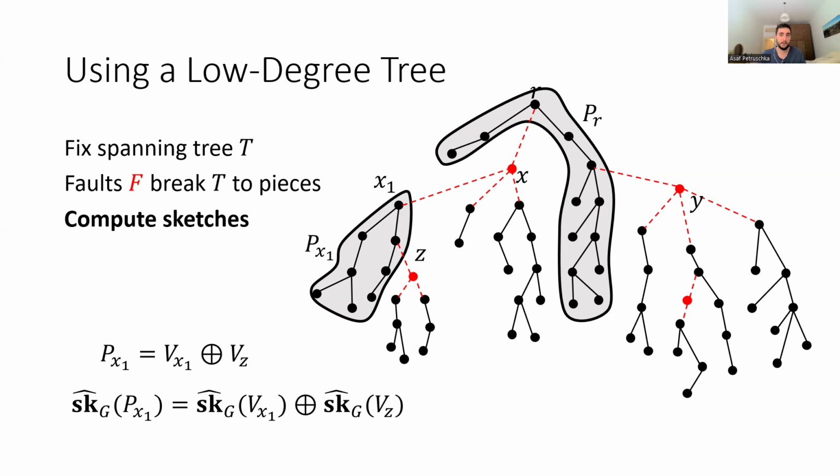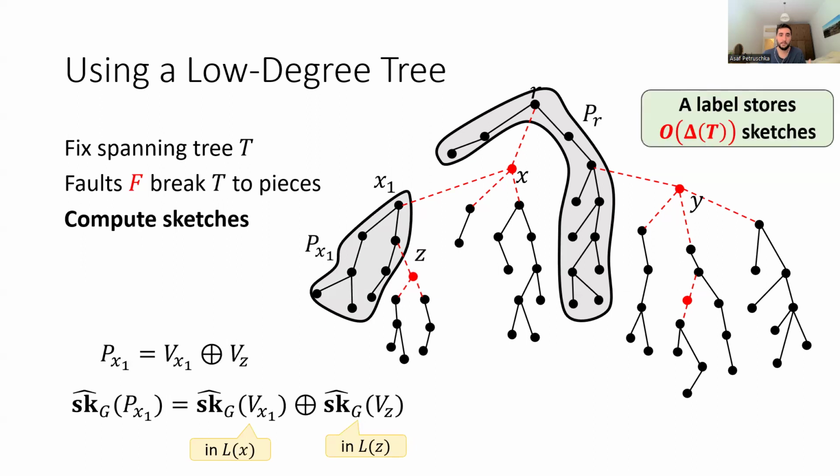And again, apply linearity of sketches to get this formula for the sketch of the piece. And the sketch of VZ will be stored in the label of Z because we already require that the faulty vertices store sketches of descendants. But now we also need to obtain the sketch of VX1. And this means that the label of X should also store the sketch of VX1.